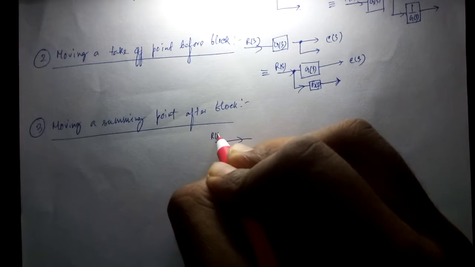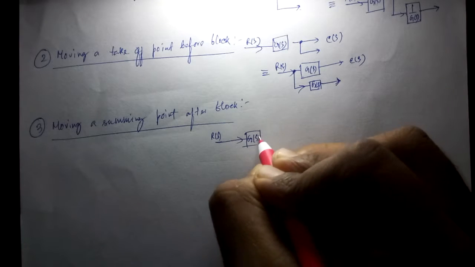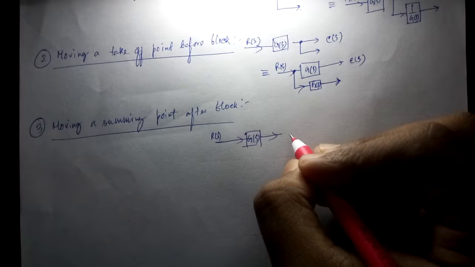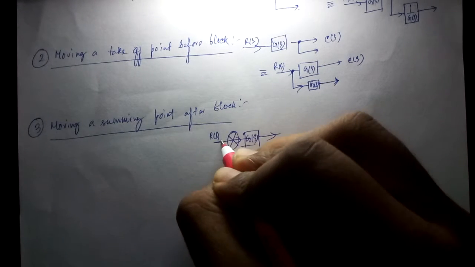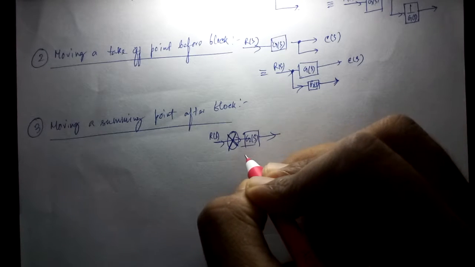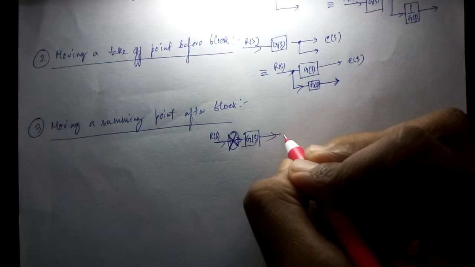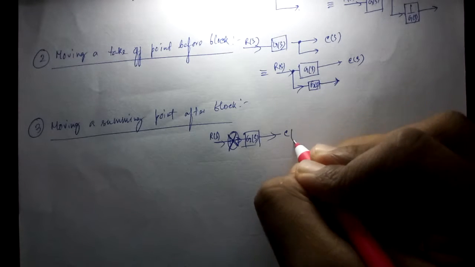Similarly, we are taking the input RS and there is a block GS. Now there is a summing point before the block, and the output is going from here.